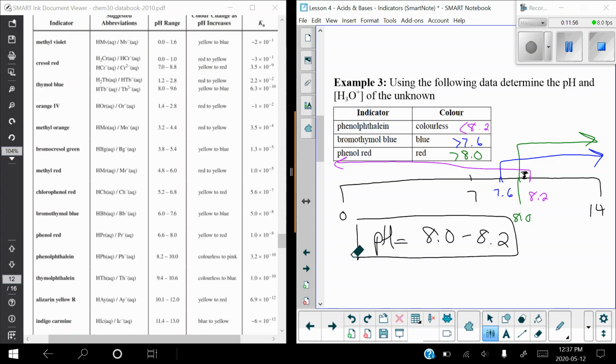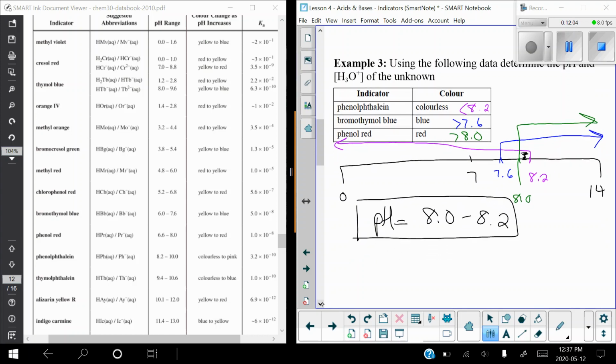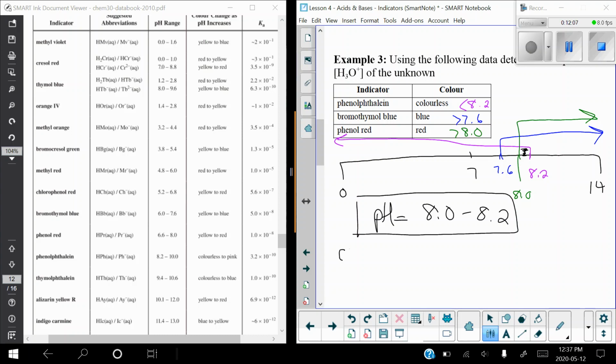Now it's also asking us for hydronium concentration. So you're going to go ahead and get your calculator out and then calculate your hydronium concentration. So H3O plus is equal to 10 to the power of negative 8, which gives me 1.0 times 10 to the negative 8 moles per liter.